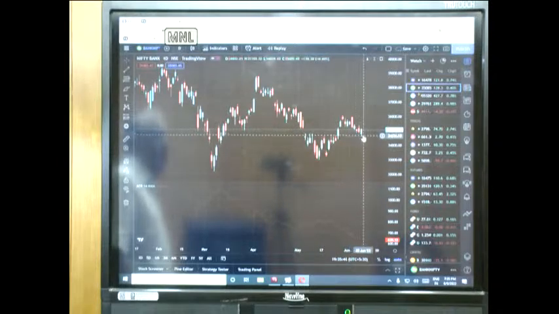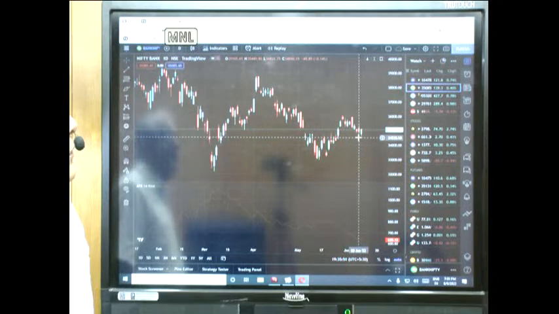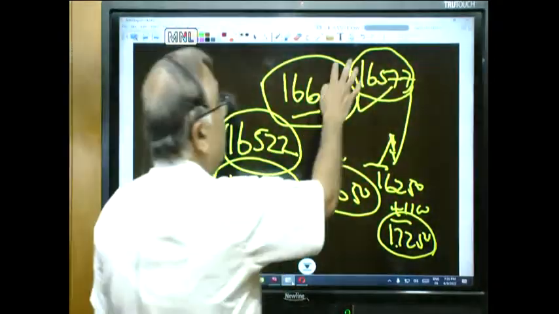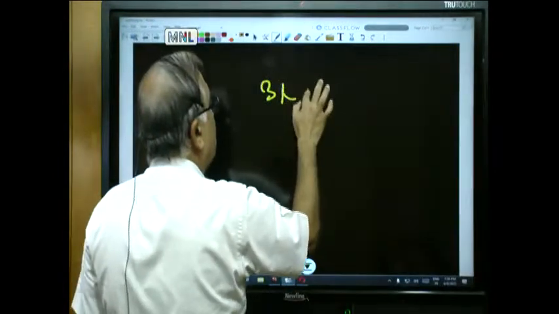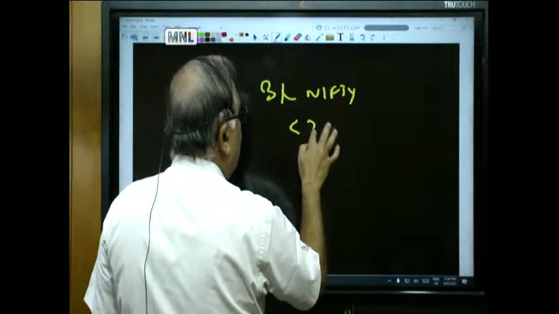So this is 34,996. This is 34,946. So we need a close right now which is 34,946. So right now Bank Nifty, to go short we need 34,946.